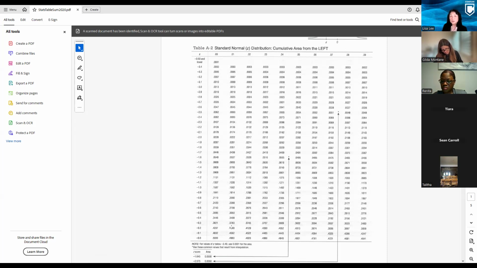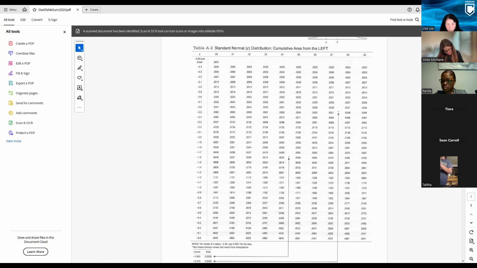For the Z-score, usually round off to 2 decimals. You can see the first column is for 1 decimal, and the top row is for the second decimal of the Z-score. Only 2 decimals most of the time. Only these 2 are special values that use 3, okay? So that's fine.